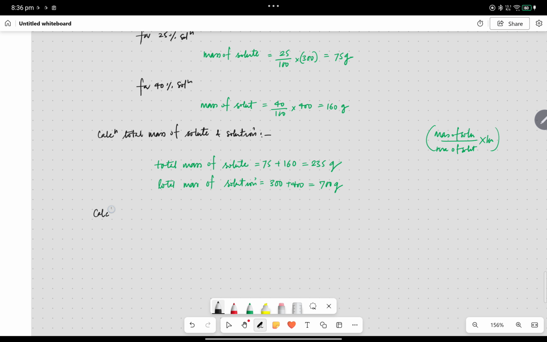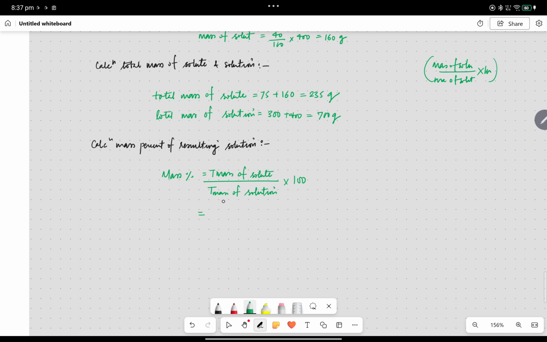Calculating mass percent of the resulting solution, that is mass percent is equal to total mass of solute by total mass of solution into 100, right?